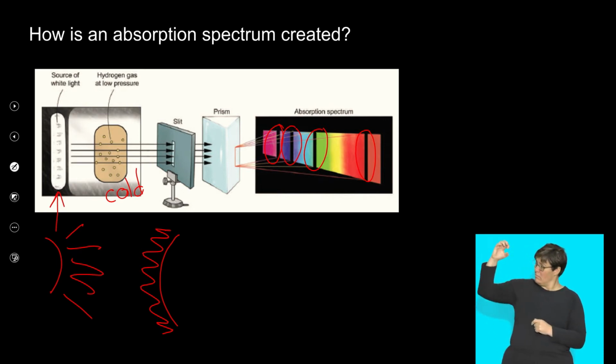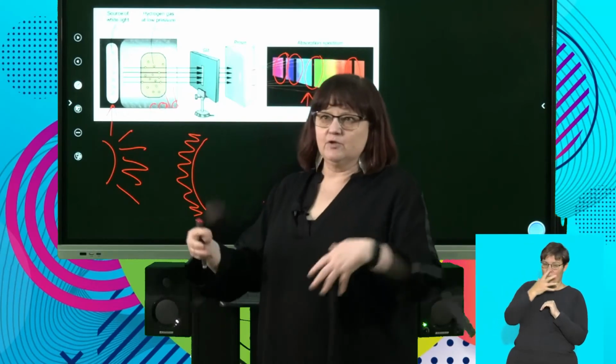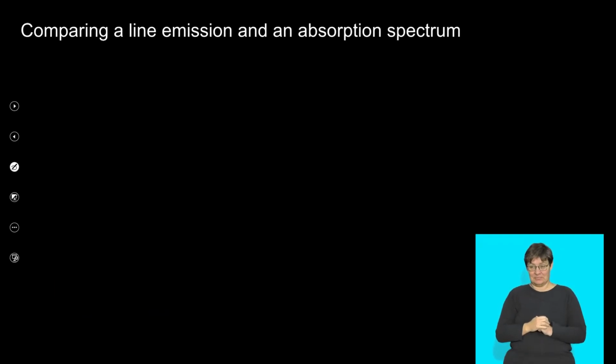So that's why when they look at the sun, they create absorption spectrums, not emission spectrums, okay? Because our atmosphere acts like a cold blanket almost. Even though we don't think it does, it's much colder than the light that comes from the sun, okay?